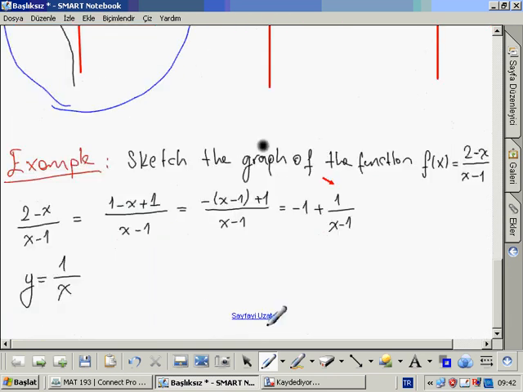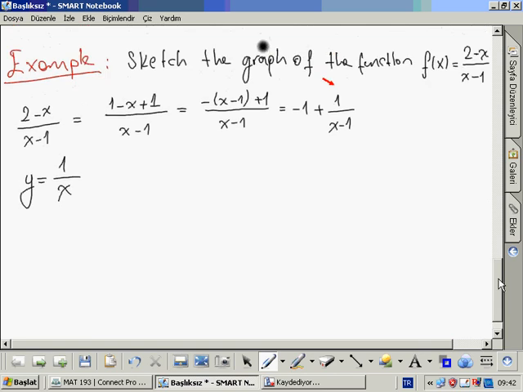And now we can say this is the same function, and we can shift the 1 over x function right 1 unit and shift down 1 unit, so we can evaluate minus 1 plus 1 over x minus 1. As you see, you must shift it to the right 1 unit, and shift it down 1 unit.